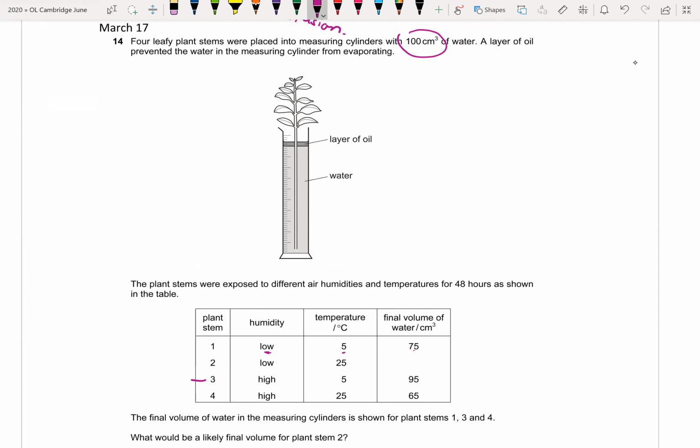So when he put plant 3 in high humidity and low temperature, the water loss was only 5 ml, which makes sense. When he put it in high humidity but high temperature, it lost 65. Here there was low humidity, so transpiration increased, but the temperature was cold, so transpiration decreased. The loss here was 25 cc.